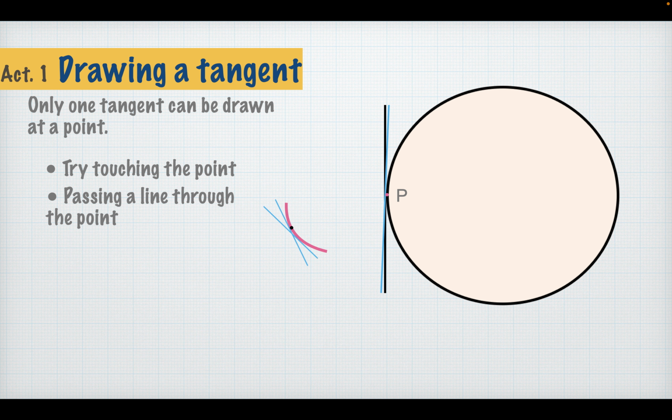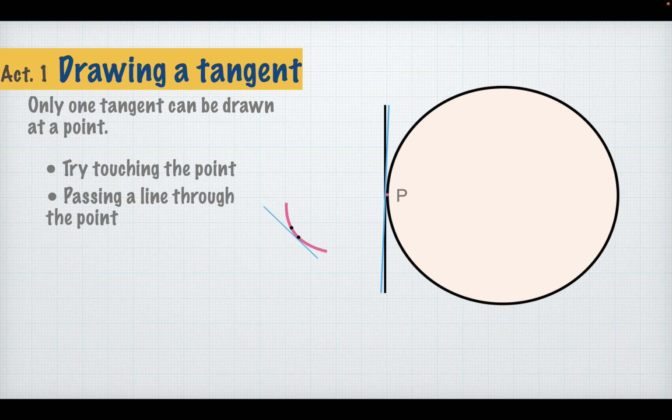You can see here that it is not touching exactly at the same point. Let's remove the tangent here. So when I move this tangent, it would just come off that point P, and it would be touching at some other point like this here.